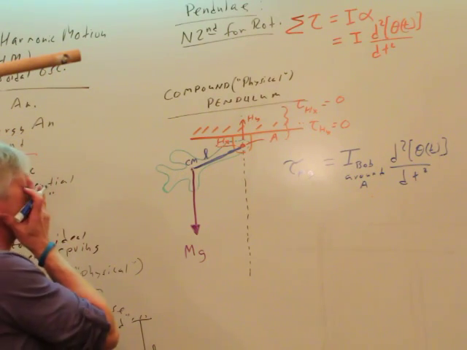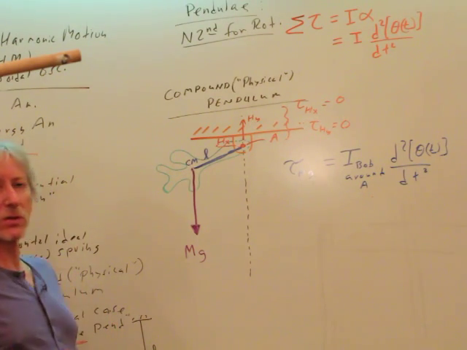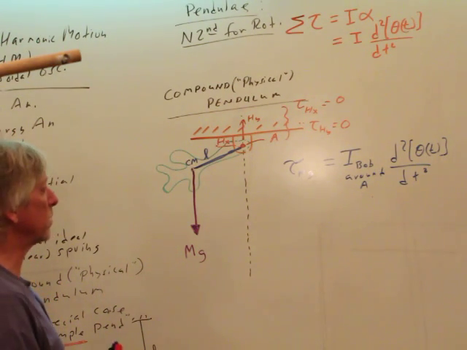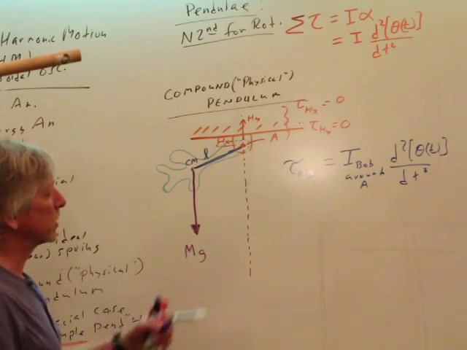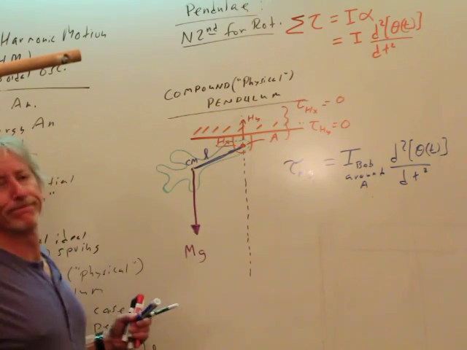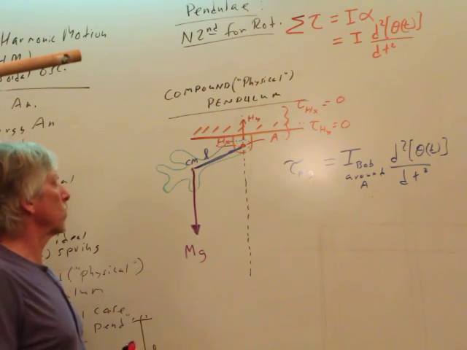All right, so I need the torque. Oh yeah, I've got those 3 ways, really 4 if you include the vector cross product, to find torque. Which way do I like? Doesn't really matter, right?